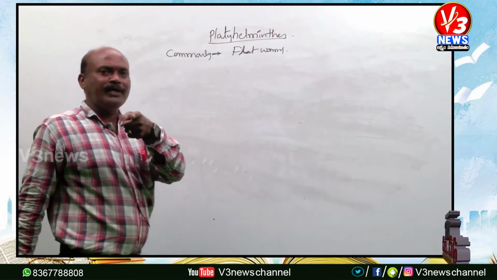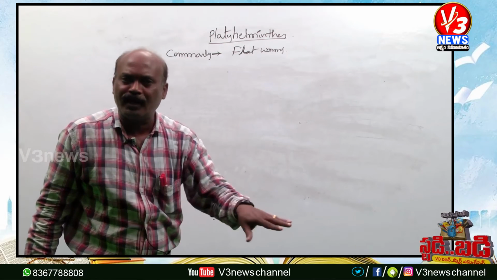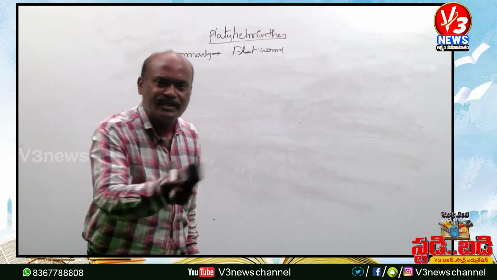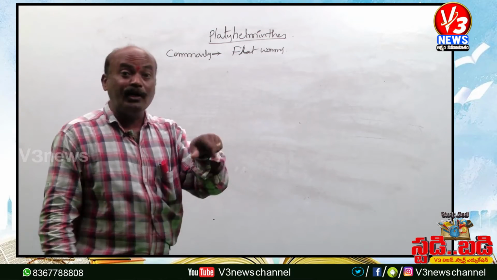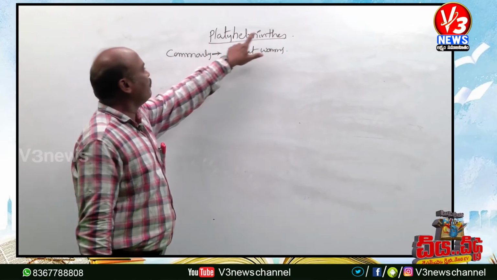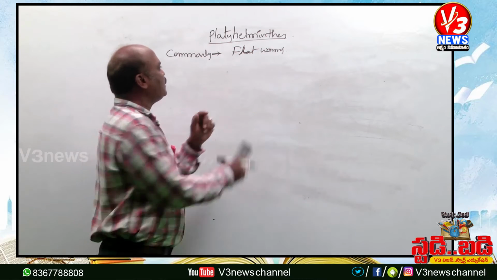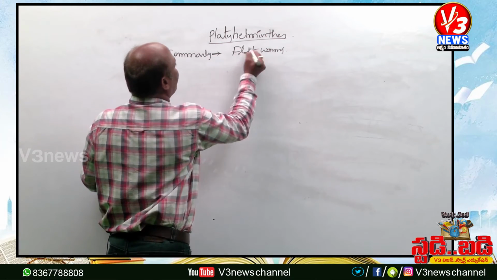Flatworms. Sponges, the Porifera group, are commonly called sponges. Cnidarians are commonly called jellyfishes. Ctenophores are commonly called comb jellies. Here, the members of the phylum Platyhelminthes are commonly called flatworms.